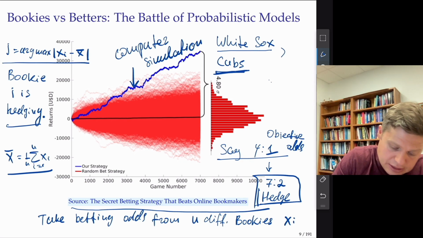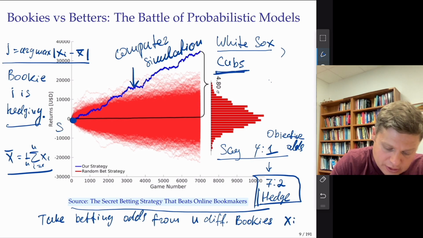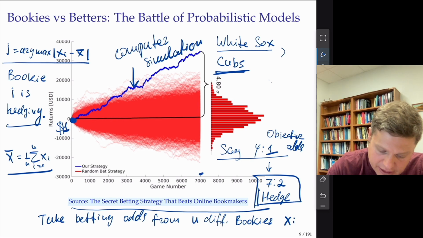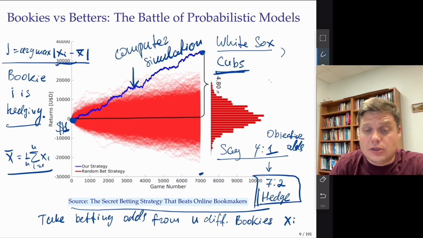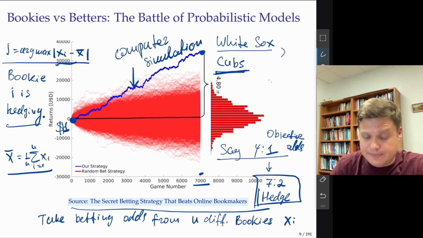And what you see is the growth of the wealth of $1. So you start with $1. And after placing 7,000 bets, your $1 becomes $30,000. So you multiplied your wealth by 30,000 after placing 7,000 bets using this simple strategy.